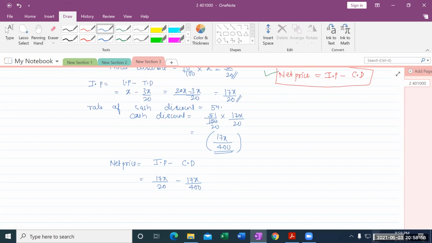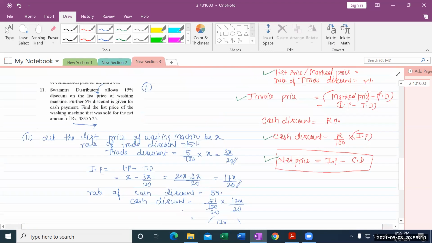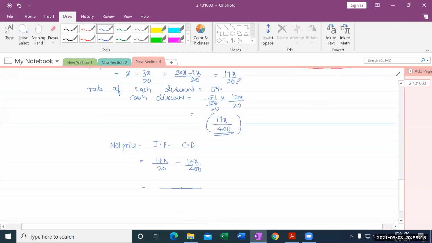Now let's do the LCM. The denominators have to be made the same. So it will be 340X upon 400, minus 17X, which is 323X upon 400. So this is my net price.